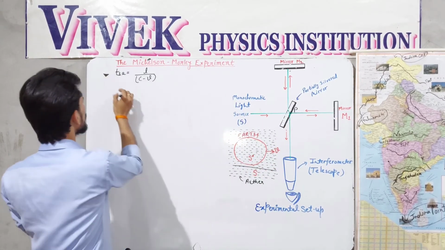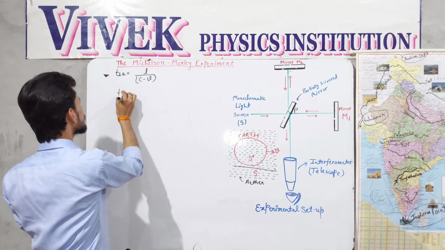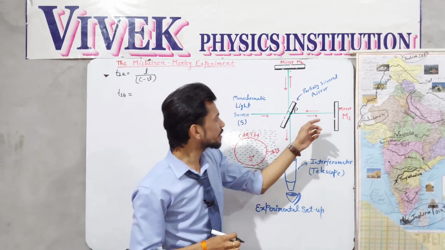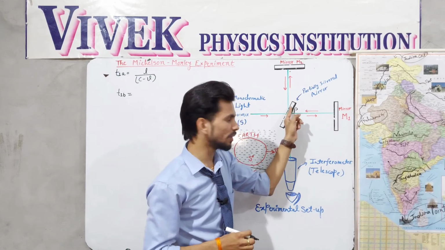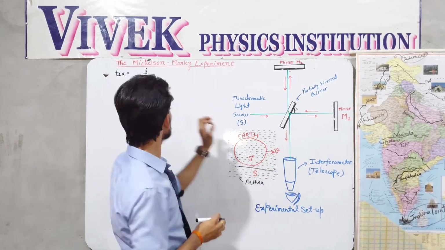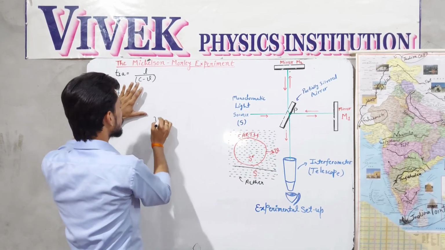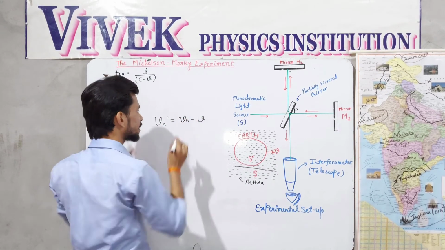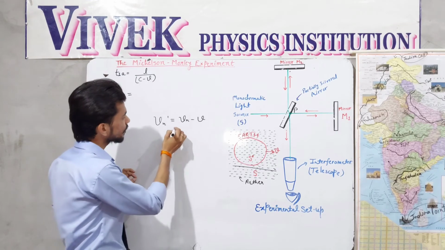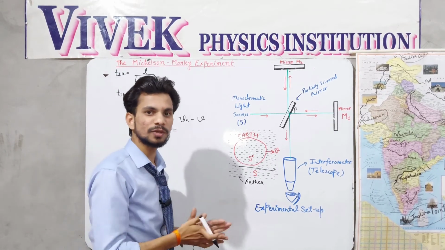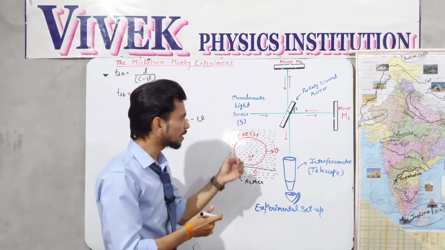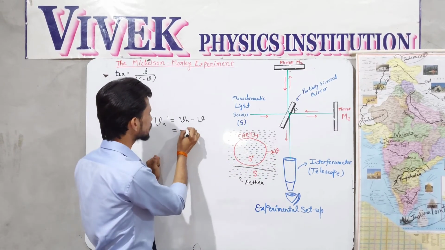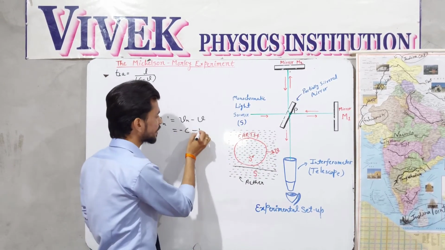Again, I can write this as time t1b. Time t1b is the time taken by the ray coming from point M1 to P again. In this condition the velocity component, from the Galilean transformation, can be written as Vx, the speed of light in the ether. Now the light ray is coming in the negative x direction, so I will take it as minus c here, and this is minus v.